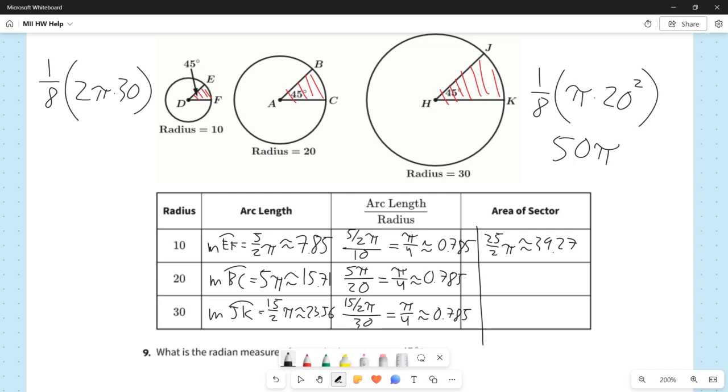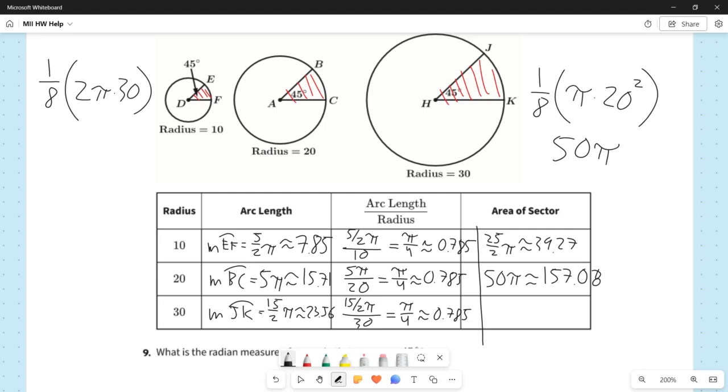So our exact area is 50 pi. And if we plug in for pi, we end up getting approximately 157.08. And if we had units here, all of these would be square units, like inches squared or centimeters squared, but we don't have units, so we can ignore that.